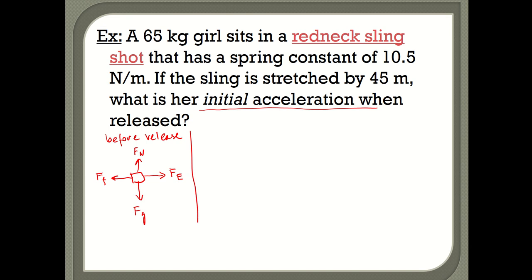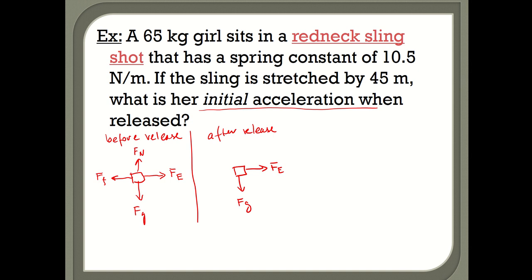Once she's released, there's no longer normal force, there's no longer friction. The only force in the x direction is going to be the elastic force, and we don't really care about the y direction in this case. But after release, or pretty much at the moment of release, the only forces that will act on her are the elastic force and force of gravity, right?